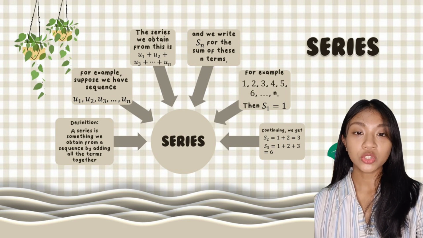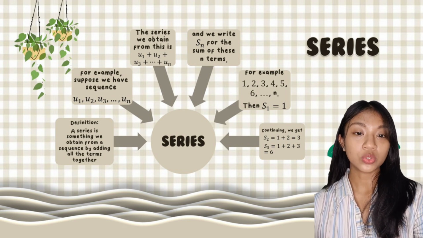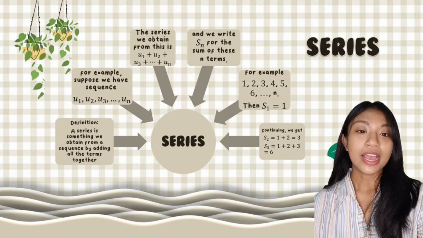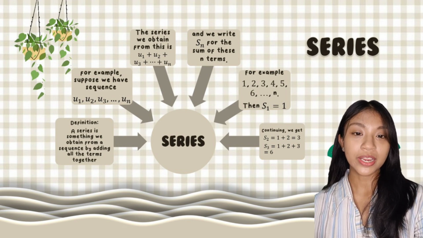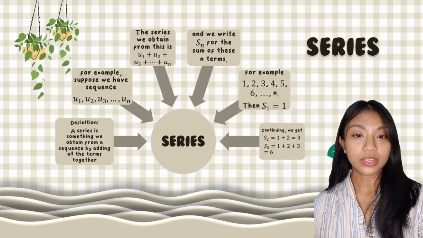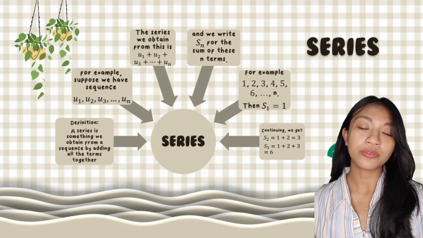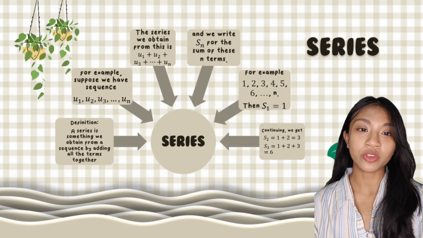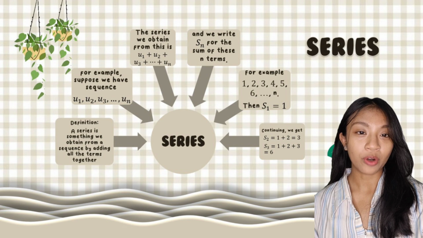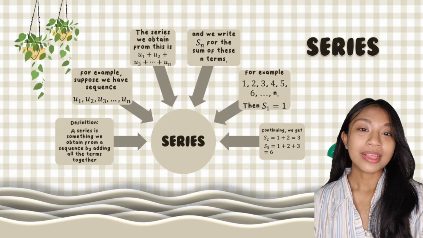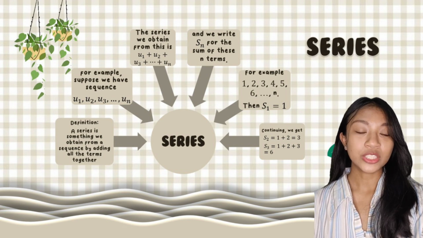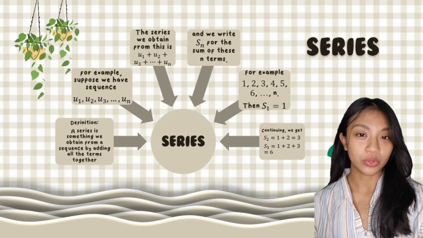S3 equals 1 plus 2 plus 3 equals 6, and so on. Since the explanation of sequence and series has been completed, I hope that from the explanation above, the difference between sequence and series can be understood.